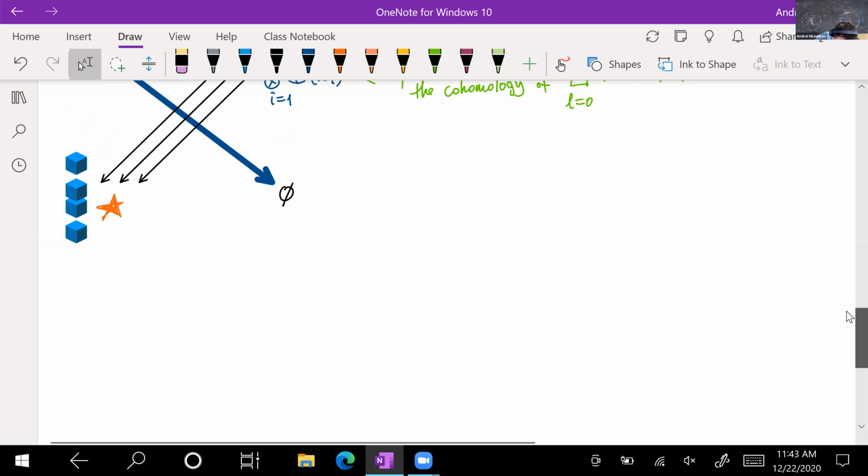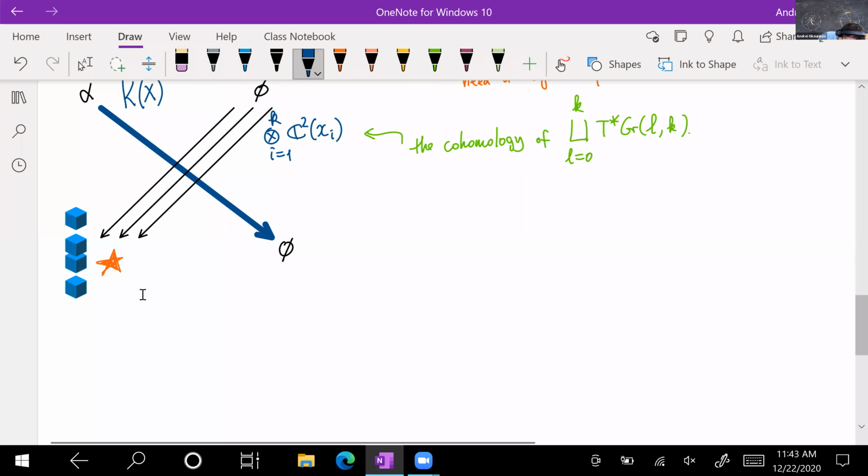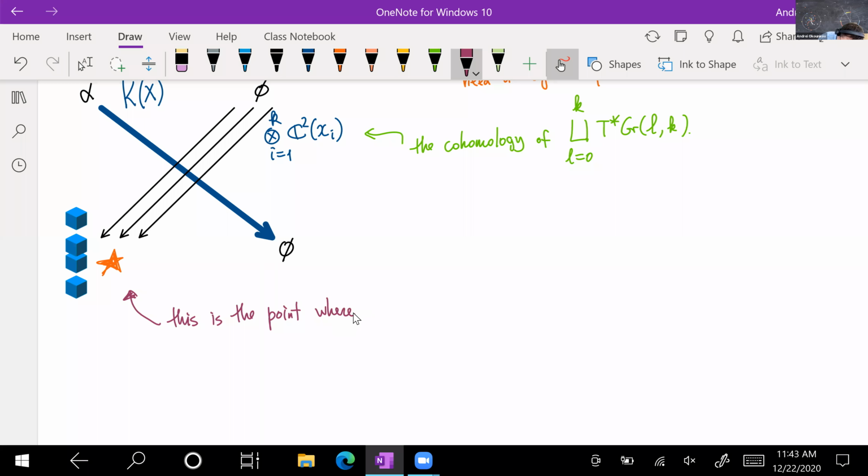So what is that? This is supposed to be the space, or it's a point really. So this is the point where the framing space V is actually isomorphic to the framing space, and all other maps are 0.